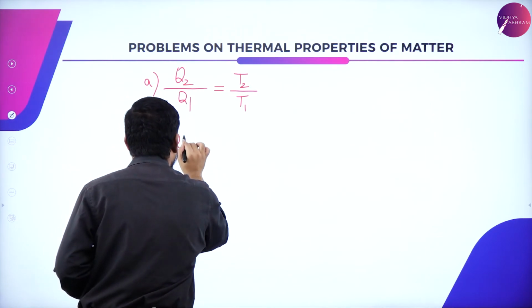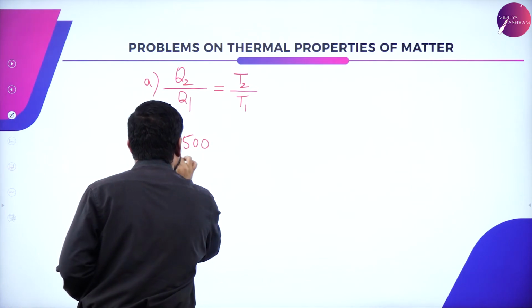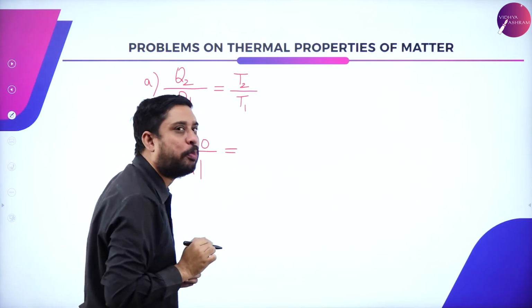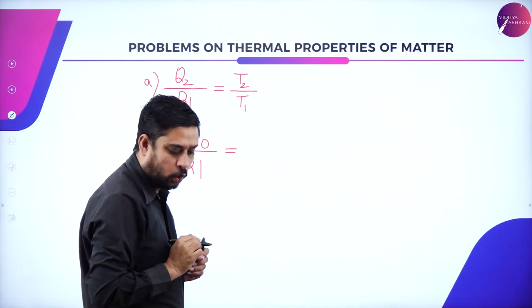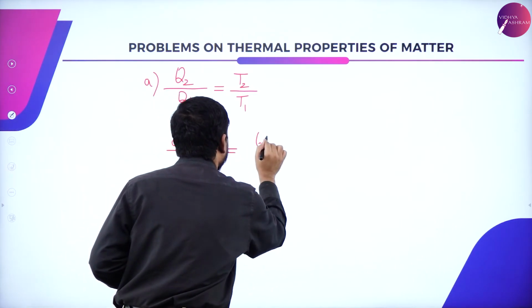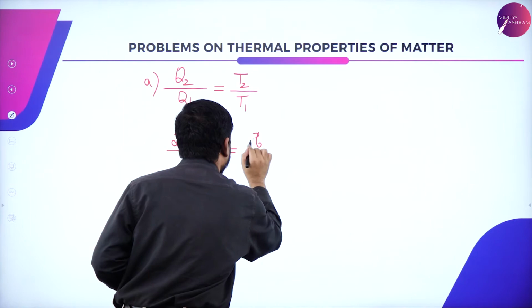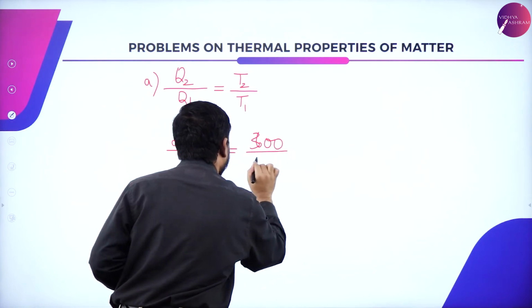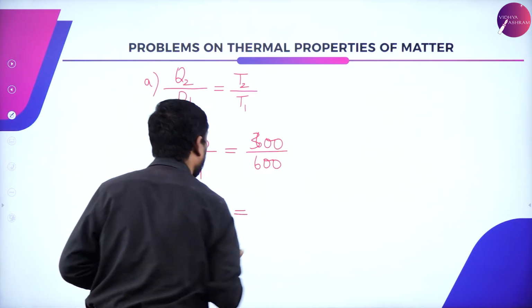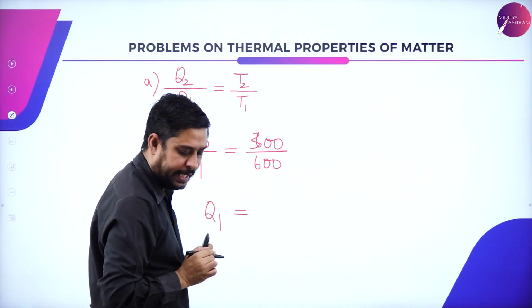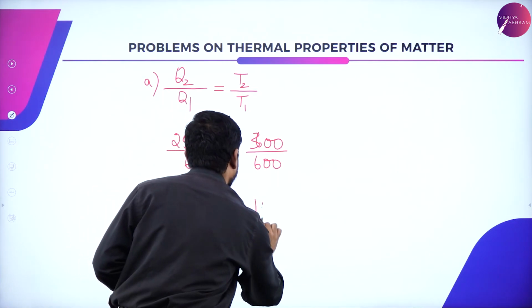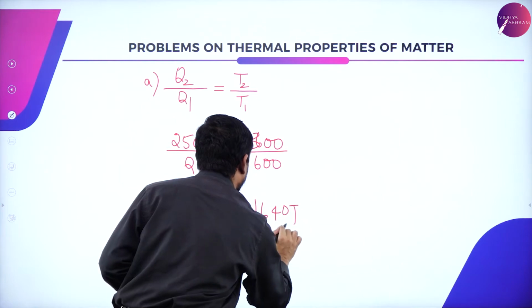So 2500 by Q1 is T2 by T1. So T2 by T1, which is 300 by 600. So Q1 turns out to be nearly 1640 joules.